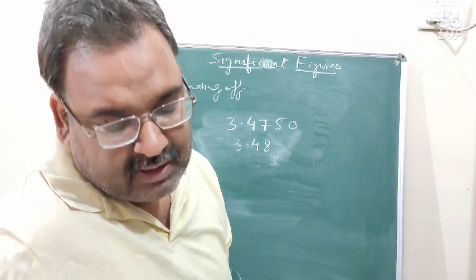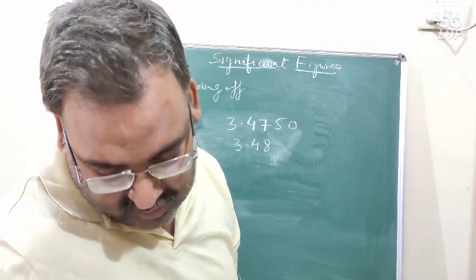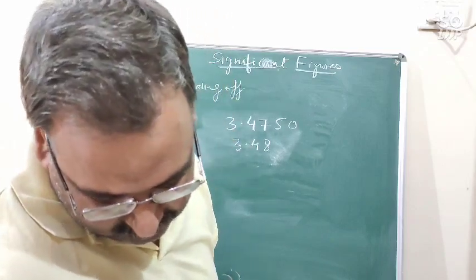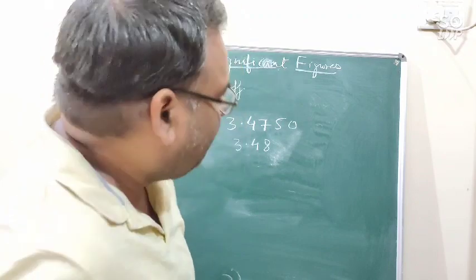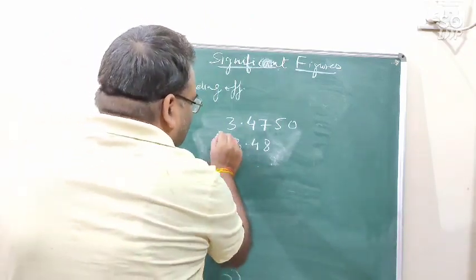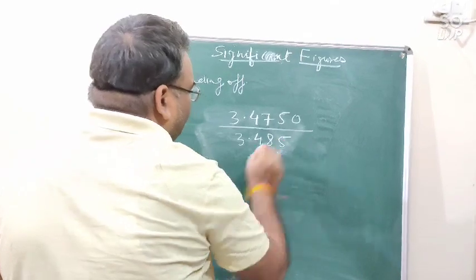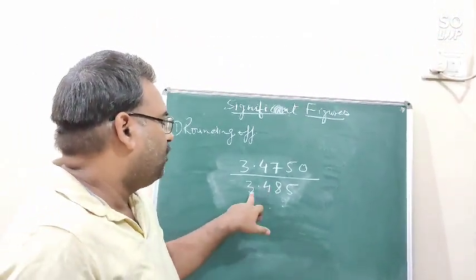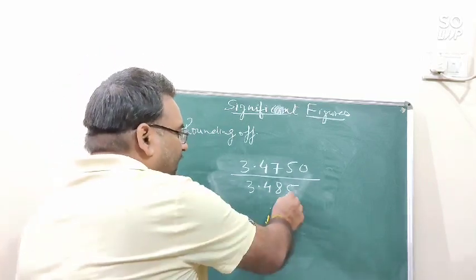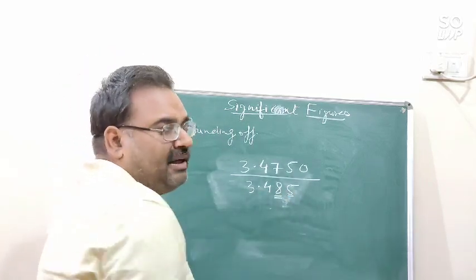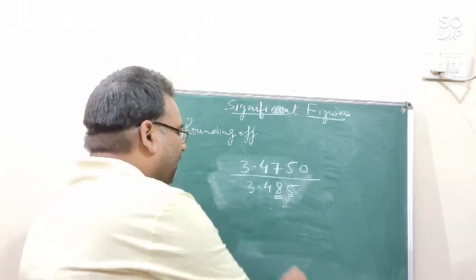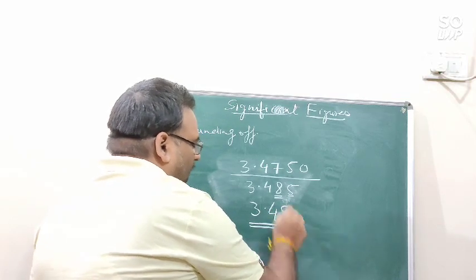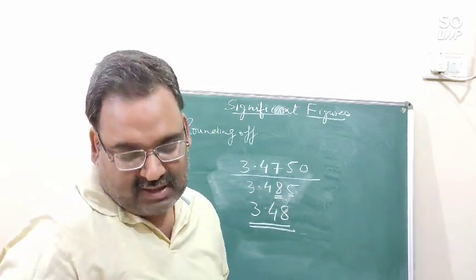For example, if it is 3.485, and this number has to be rounded off to three significant figures, still 5 is there, but the second last digit is 8, which is an even number. So the number will remain 3.48. I hope the rounding off is clear to you.